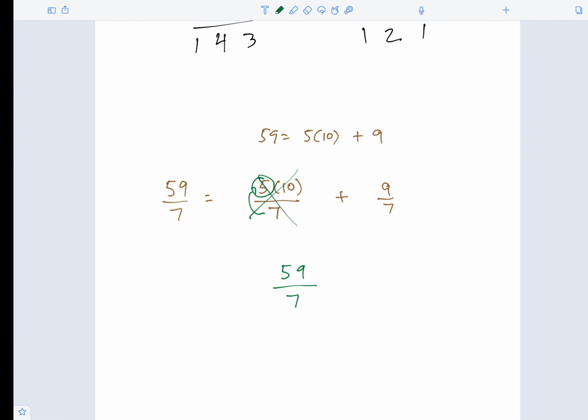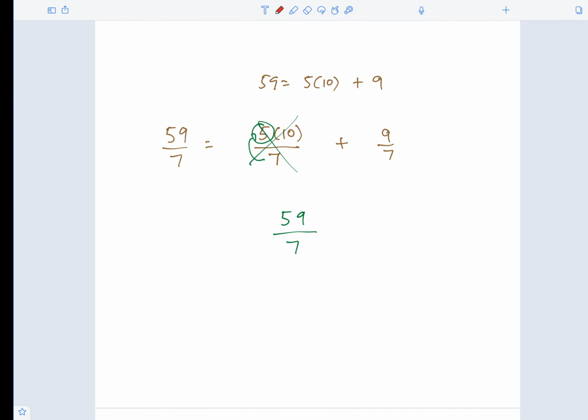So instead we're going to focus on 59 divided by 7. And I want to get as close as possible to a number that's divisible by 7 without going over, right? And we saw earlier multiple ways that that's going to be 8. 8 times 7 is 56.